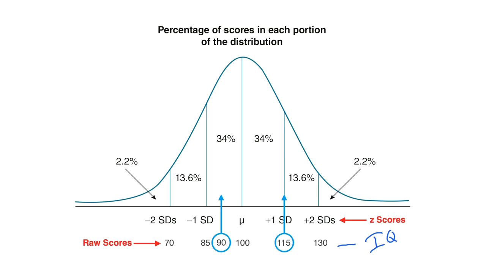When we're looking at a distribution like this, we express it. A normal distribution is expressed as vertical lines represent units of standard deviation. Now, in IQ, the mean of all IQ tests is 100, with the standard deviation of 15.